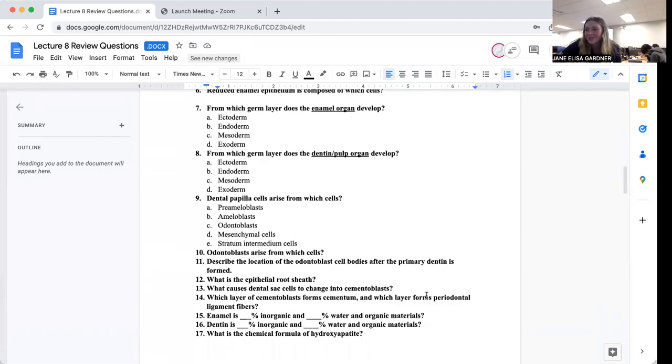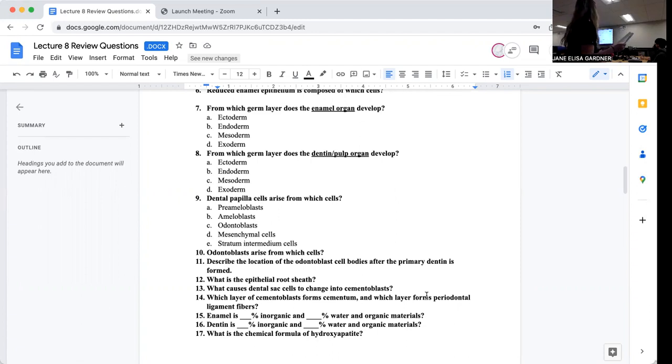Odontoblasts arise from which cells? So it's actually dental papilla cells.